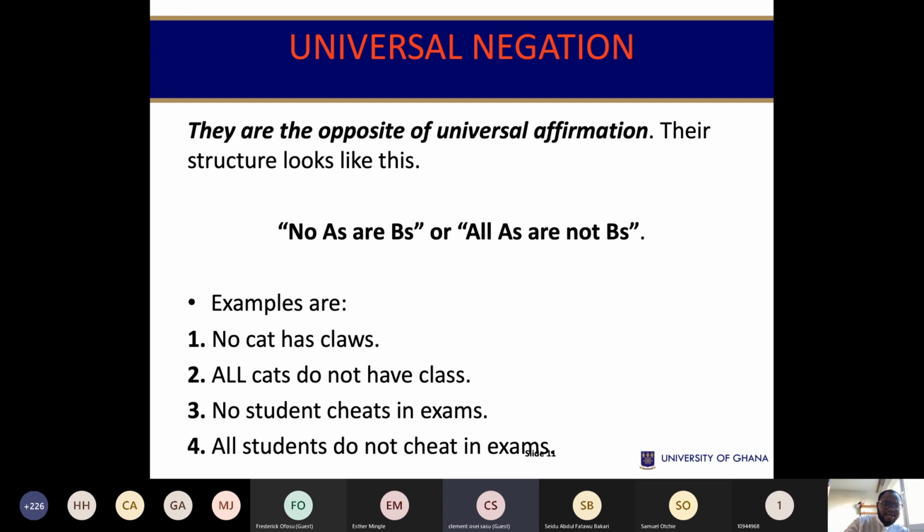So you look at the formula up there, no A's are B's, or all A's are not B's. It reflects the examples that you see below. It means that wherever you go in the world, anytime you see a cat, with example 1, the cat must not have what?